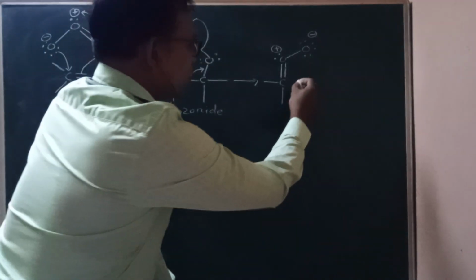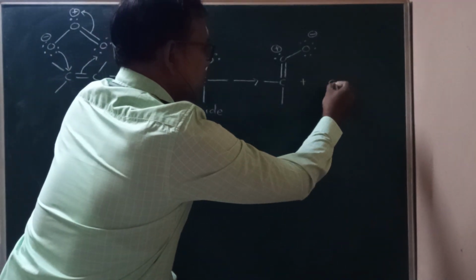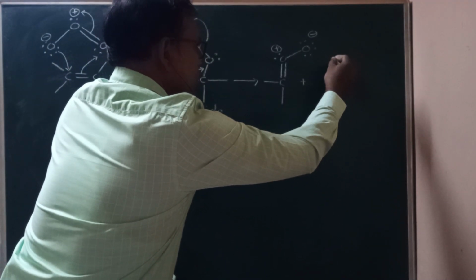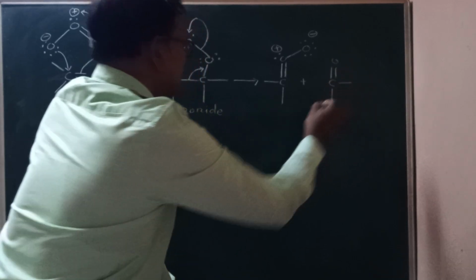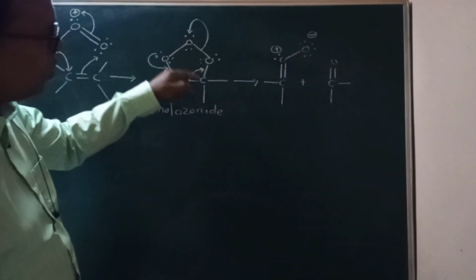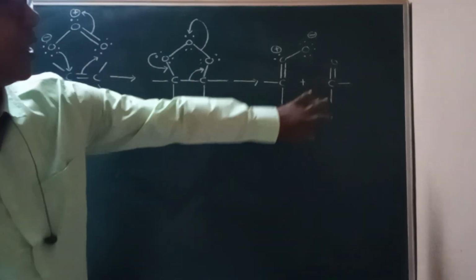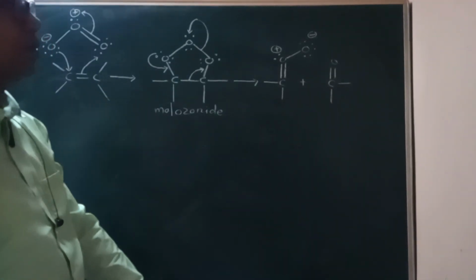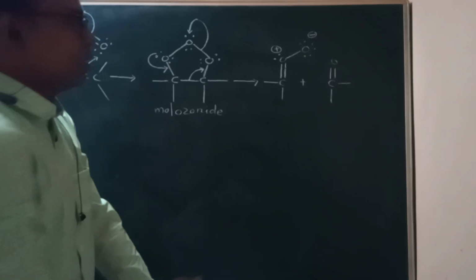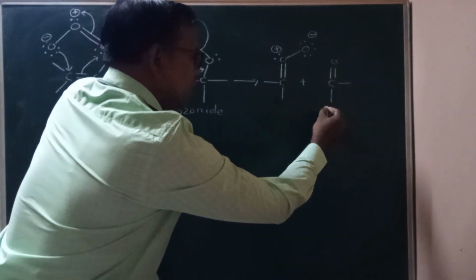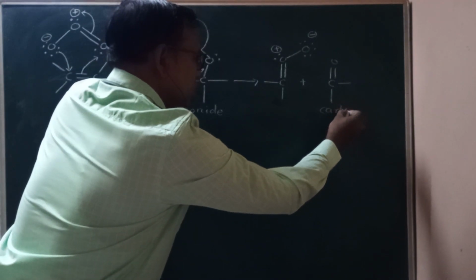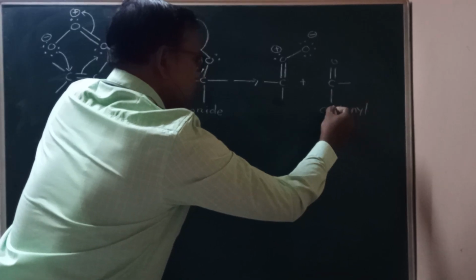So that second fragment is like this: carbon, double bond O, then dash, and then dash. These two dashes indicate the remaining two valencies of that carbon. Now this fragment is a carbonyl fragment. You know that the C double bond O group is called a carbonyl group.